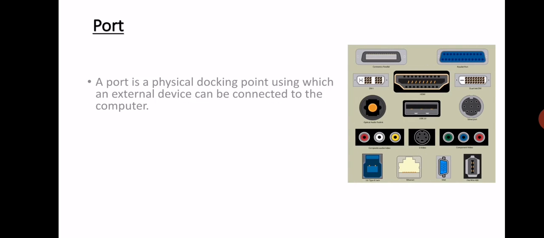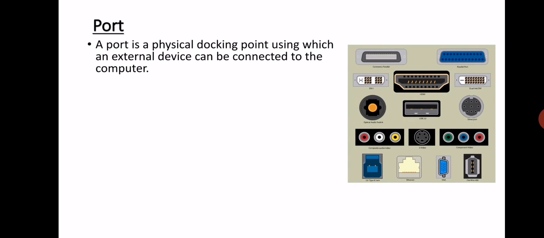Ports. A port is a physical docking point using which an external device can be connected to a computer. You can mostly find the ports at the back end of the computer, as you can see in the given picture.